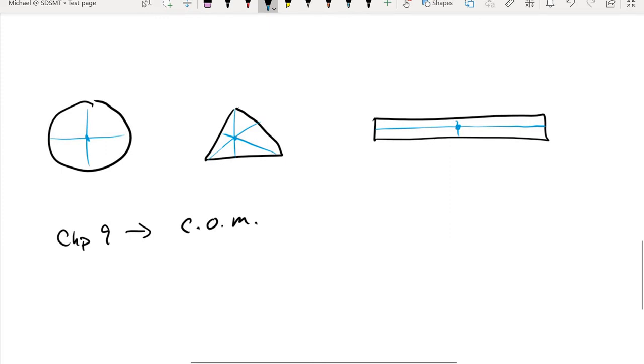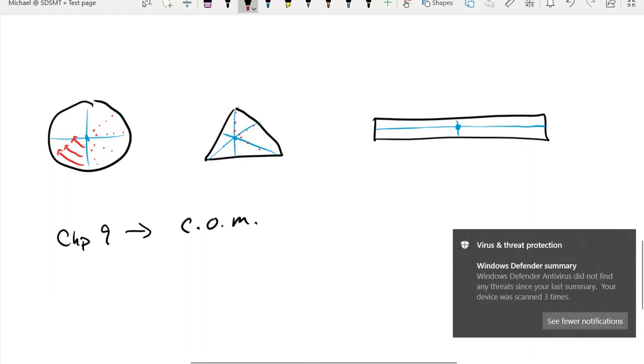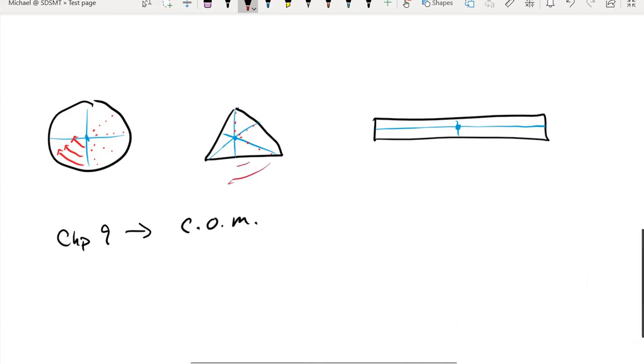Well, as the wheel turns, we have particles of mass located all throughout the wheel, and these particles have to go around in a circle as the wheel spins. For the triangle, we have masses that are distributed out, and these have to travel around in a circle as the triangle spins.